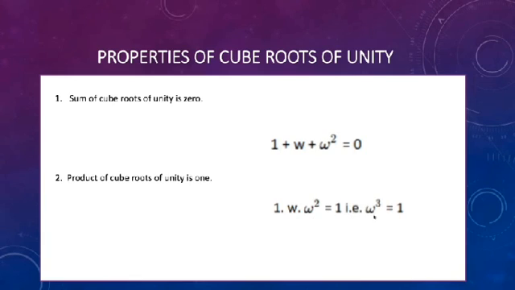And we can also write it like omega cube is equal to 1, because if we multiply omega into omega square into 1, we will get omega cube. So these are two very important properties of cube roots of unity, and we will use these properties in the solution of different questions. Now we are doing exercise number 2.2, question number 2, part number 1.